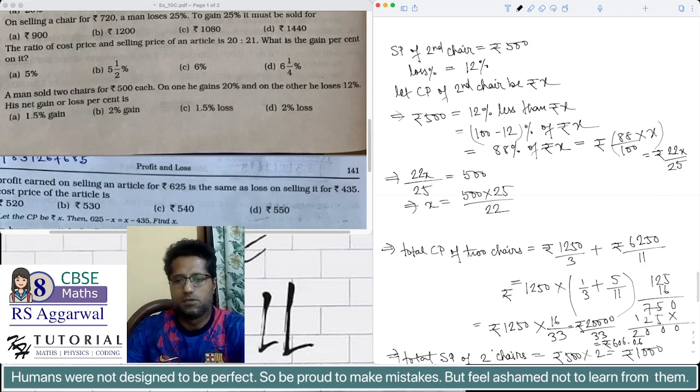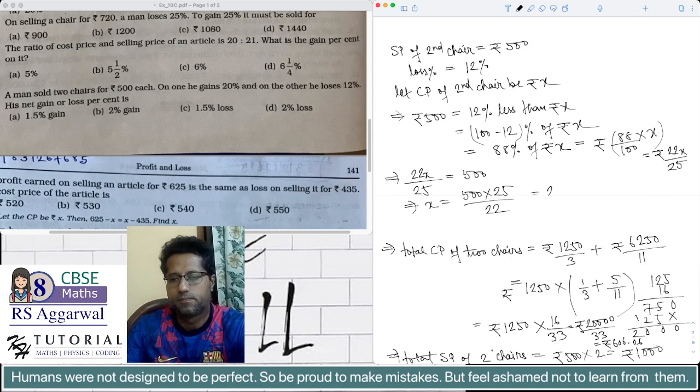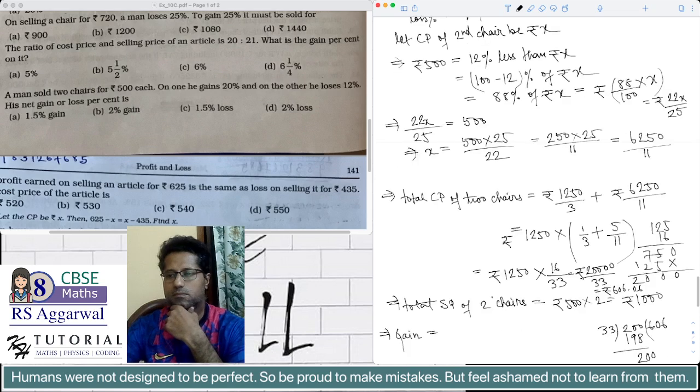This is equal to 250 multiplied by 25 divided by 11. This is 25 multiplied by 25, which is 625, and 625 and 10 divided by 11. Yeah, it is fine.